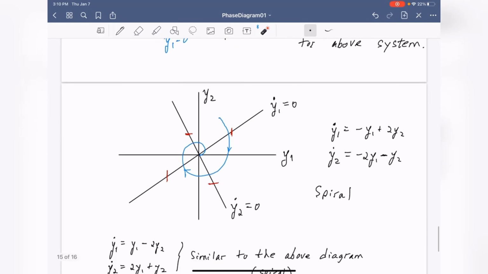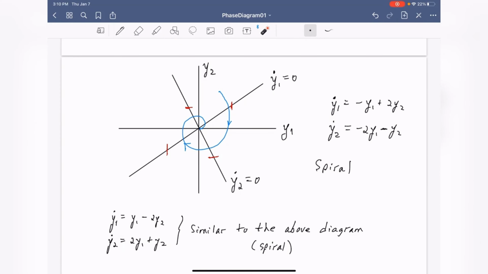So let's look at a couple of other situations here, and you can figure these out in more detail. Here we have where y1 dot is equal to minus y1 plus 2y2, and y2 dot is equal to minus 2y1 minus y2, and we end up with a spiral. Now notice here I've got these red lines, and they indicate that for y1 dot we have a vertical line. So this blue line, even though it's poorly drawn, should be vertical when it crosses this particular y1 dot equals 0 line.